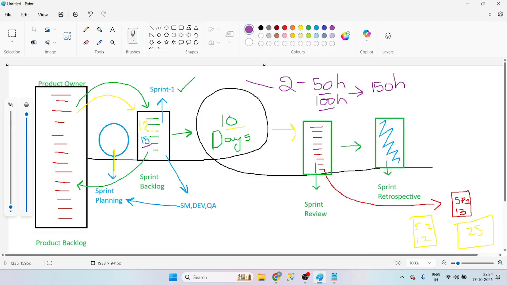Now he is adding another 2 tickets: the first ticket is 150 hours, the second ticket is 100 hours. Now, total how many hours, guys? 250 hours. Now, extra how many hours do we have to work? 100 hours. Do you think my developers are ready to work an extra 100 hours?